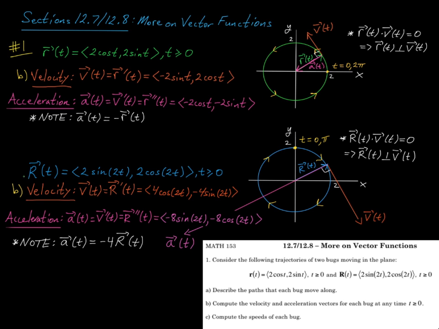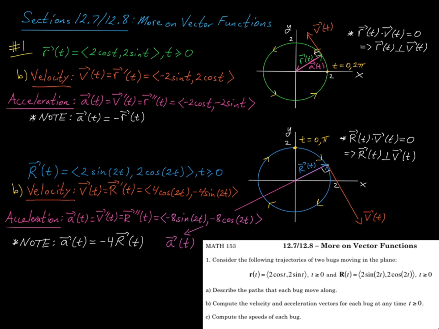Now for capital R of t, differentiate twice, and you get negative 8 sine 2t and negative 8 cosine 2t. So we pick up this factor of 2 once again. Now we have that the acceleration vector a of t is negative 4 times capital R of t. It's negative 4 times our position vector, because for our position vector the coefficients are 2, and now the coefficients for the acceleration vector are negative 8.